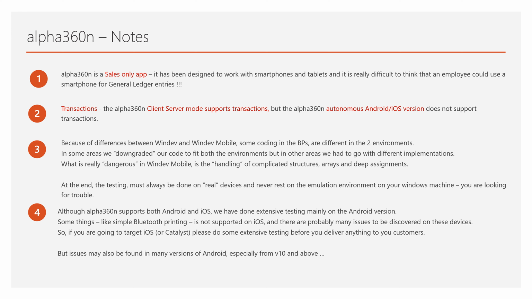Second, transactions. The alpha360n client-server mode supports transactions, but any local alpha360n version does not support transactions. They are not supported on this type of devices, at least up to version 27.